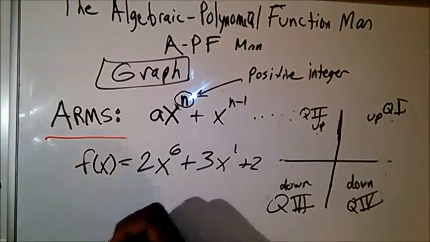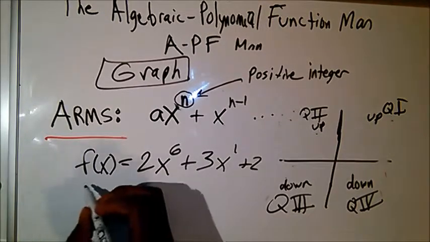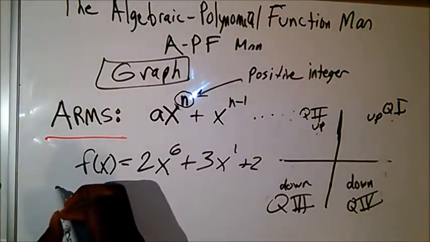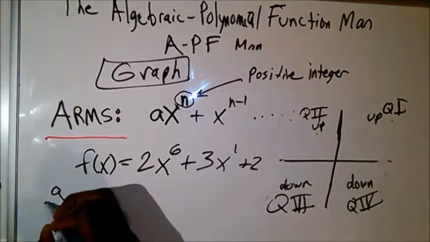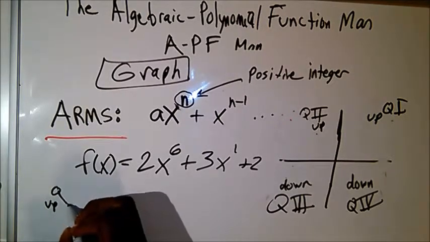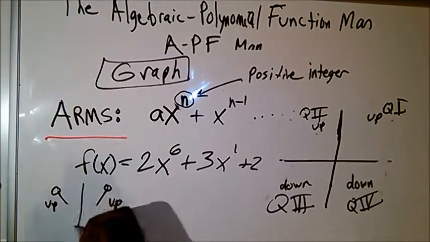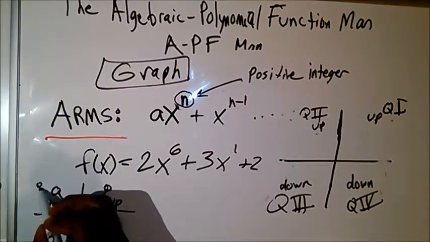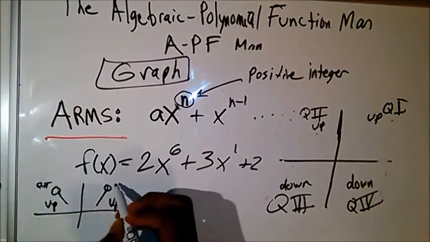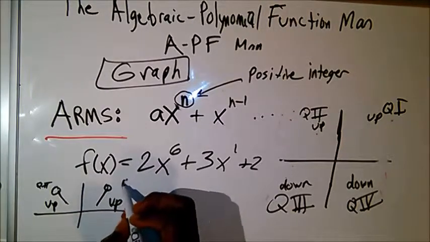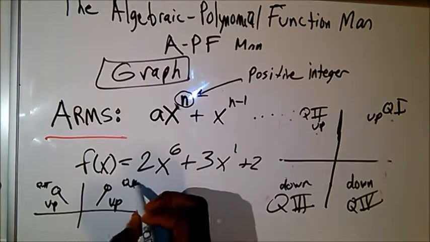Here are some options. We can either have up left, up right, these are quadrants, quadrant 2, quadrant 1.